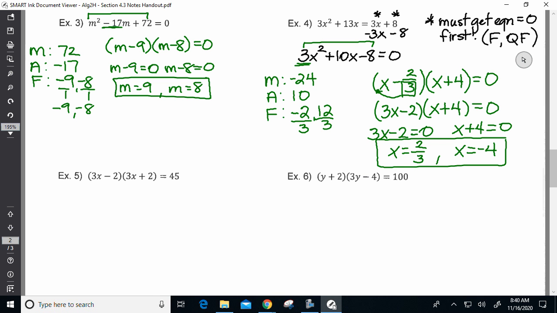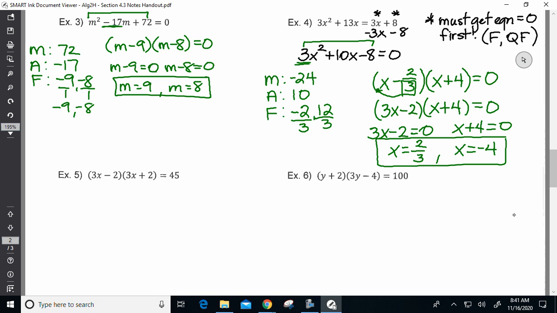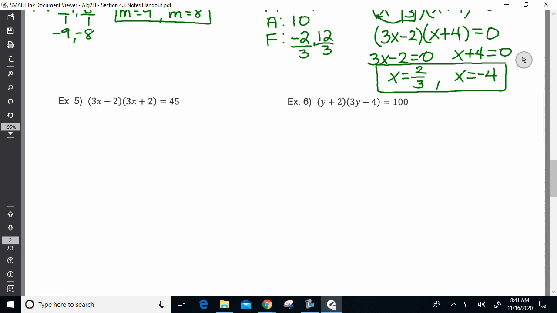Alright, so we'll finish with example 5. Examples 5 and 6 both work the same way. So we'll do example 5, and then example 6 I'll finish before I post the notes. So example 5. You have 3x minus 2 times 3x plus 2 equals 45.